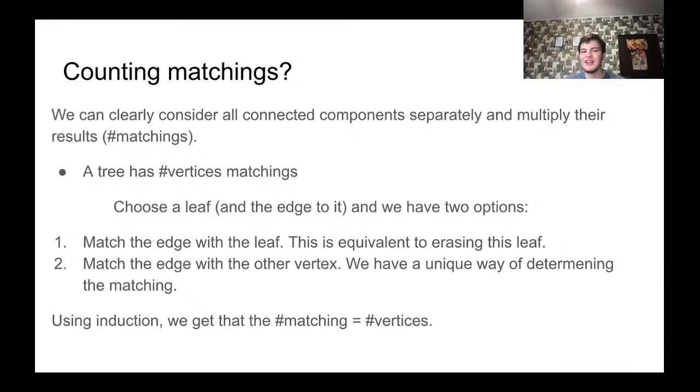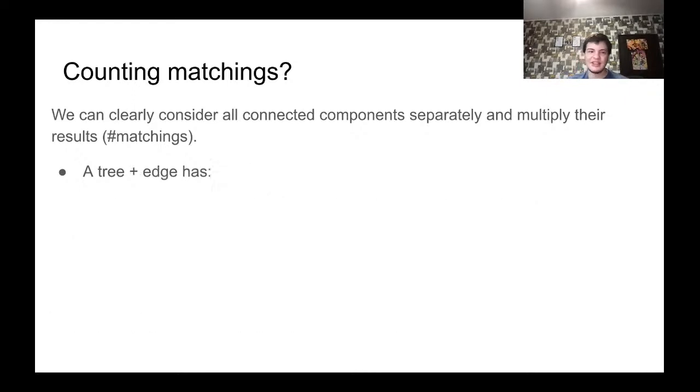Basically, when we have a tree, the number of matchings is the number of its vertices, if a component is a tree. And then the second case, which is a tree with an edge, is way simpler, because if we just choose some random edge from the cycle and choose its direction, there are basically just two ways to choose the direction.